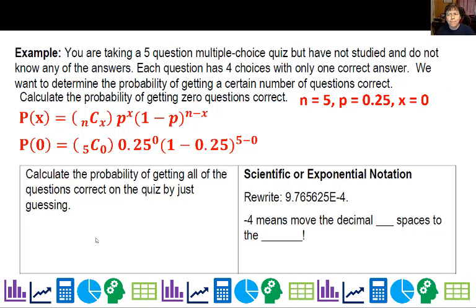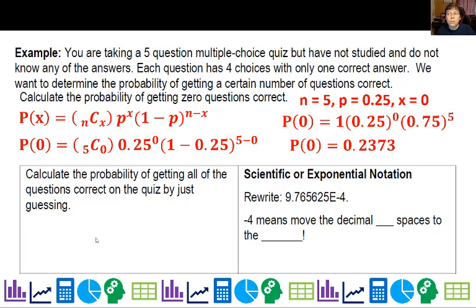Very unlucky kid here, all right? And then we do 1 minus P, which is 1 minus 0.25, 0.75 to the 5th. And what do we get? We get 0.2373. So we would expect about 23-24% of the kids to get nothing right if they were guessing on a 5-question multiple choice test.